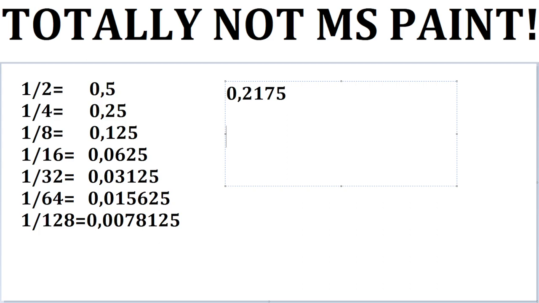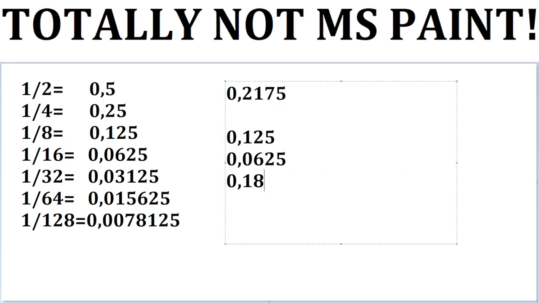I'm going to start with an 1/8, so 0.125. To that, I'm adding, well, the next one, a 16th, 0.0625. Together, that makes 0.1875, right? Yeah. So let's just remember that.